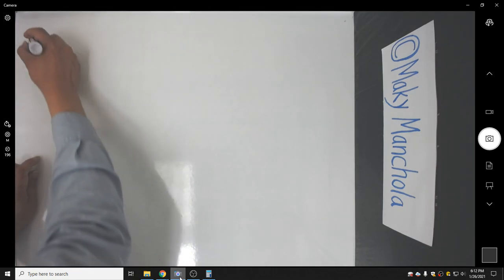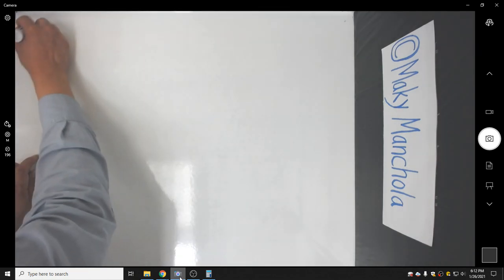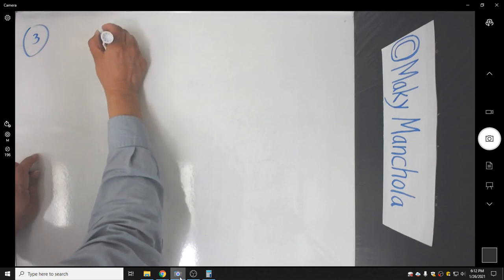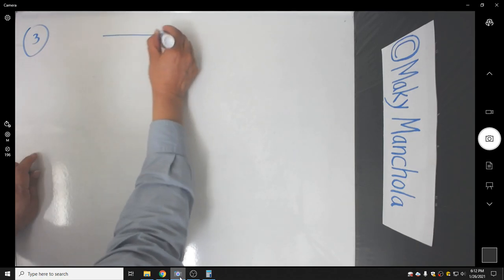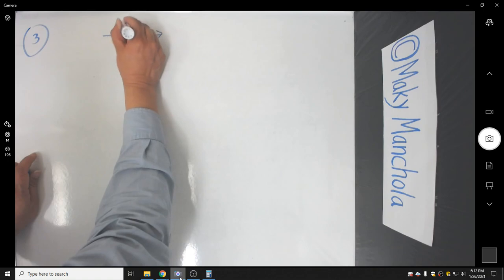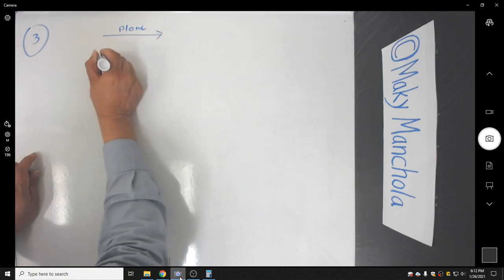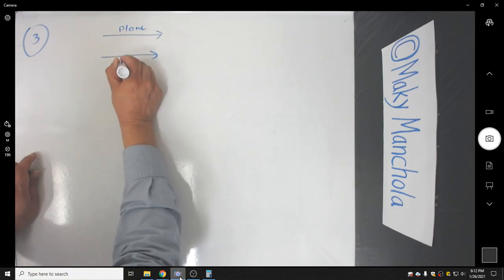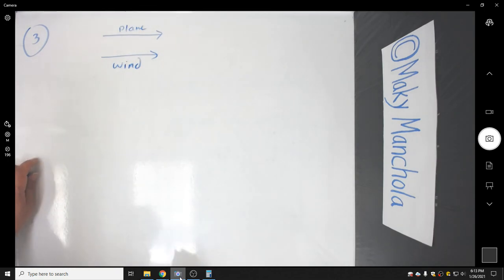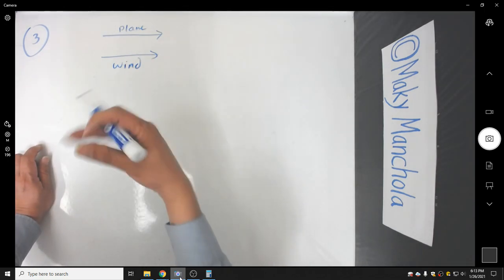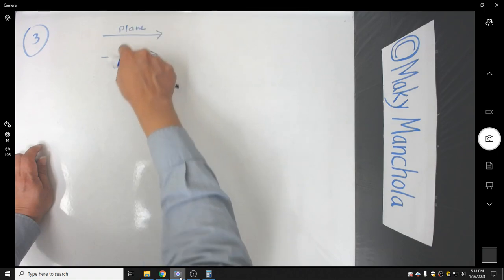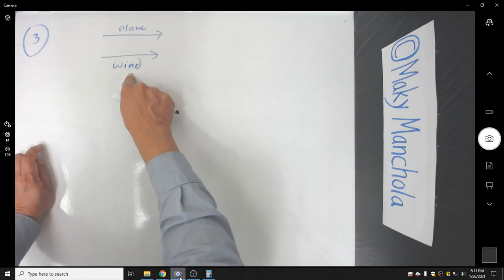So let's imagine this. In one direction you have the plane, and you also have the wind going in the same direction. So the total speed will be the speed of the plane plus the speed of the wind.